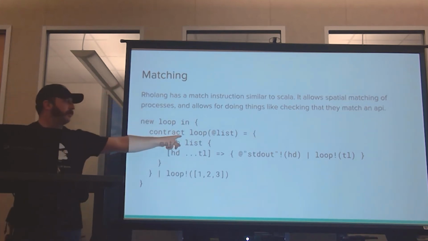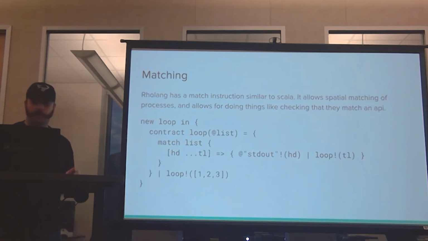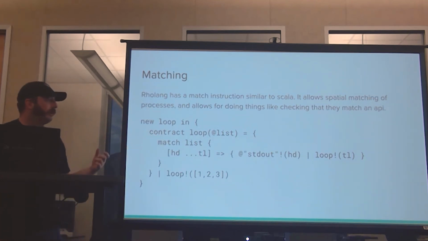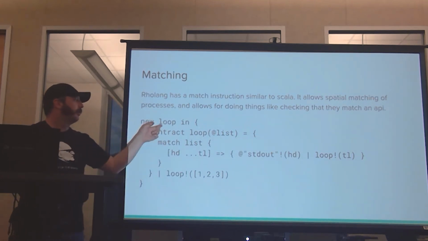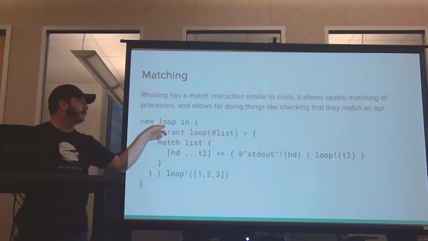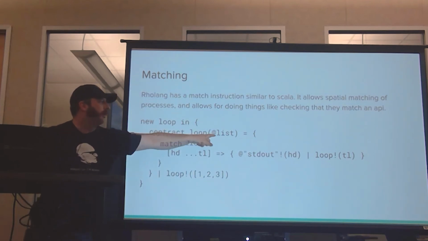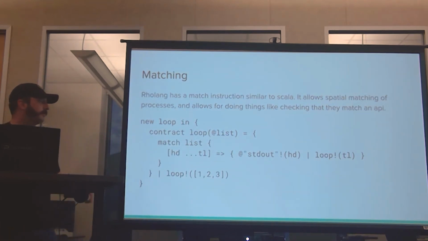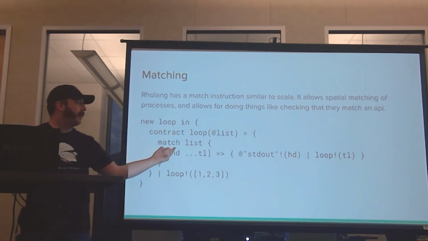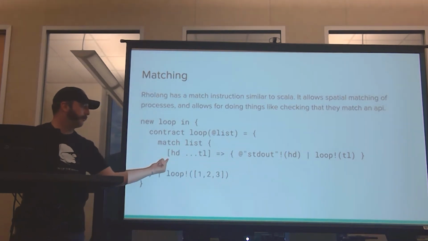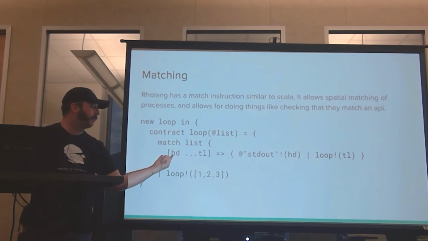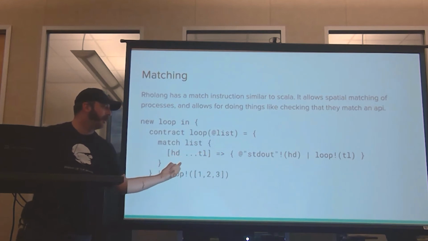So contract, oh, I remember, I didn't explain, contract just creates a replicated read on one channel. So a contract loop means listen on loop, and it gets a pattern. So we're listening for a list, and we're going to match that list with the, so that's a variable. We're going to match it with head, and we're going to bind the remainder.